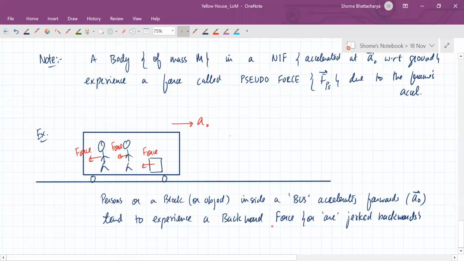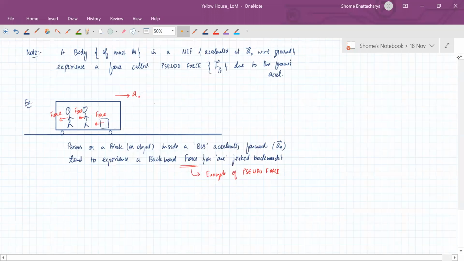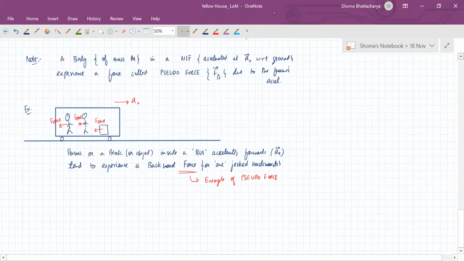This is an example of pseudo force. So make a note of this.